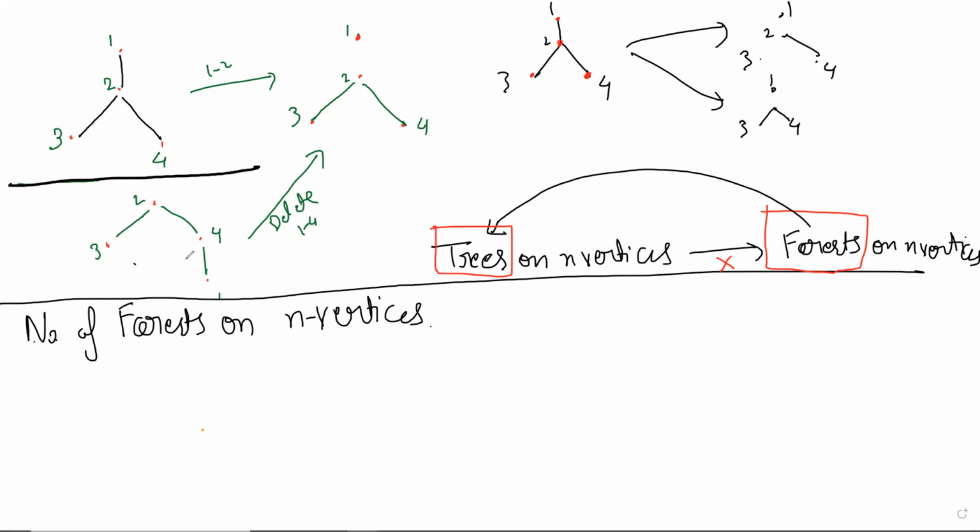So what are the ways in which we can go from forests to trees? A forest, as we know, is just a graph with n vertices, not necessarily connected, with no cycles. That's all we are looking at. But here is one observation that would usually be made in a regular course about forests.